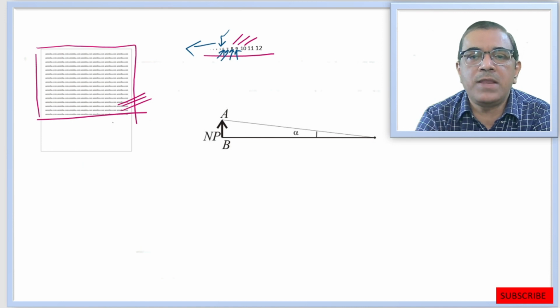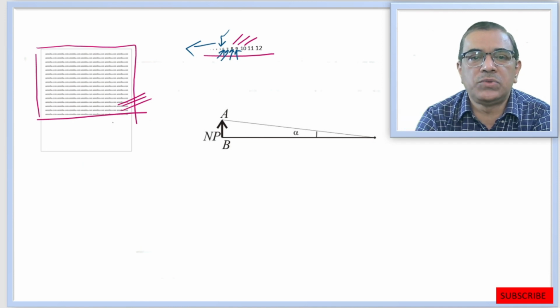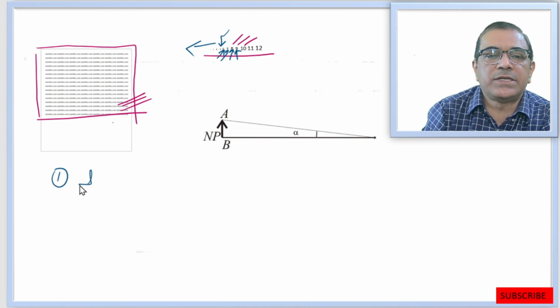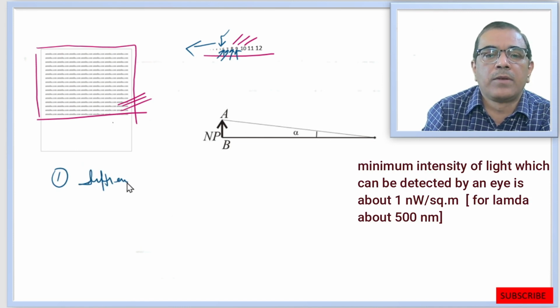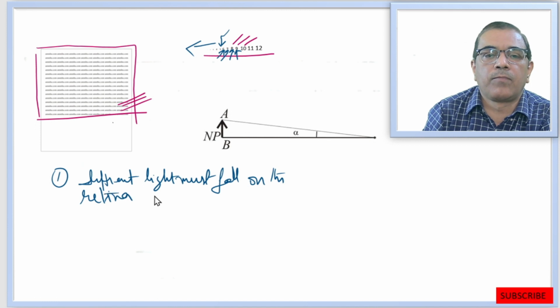There are two main criteria provided we should be able to see an object or see the internal details within the object, and these two conditions are: the first condition happens to be sufficient light must fall on the retina coming from the object.